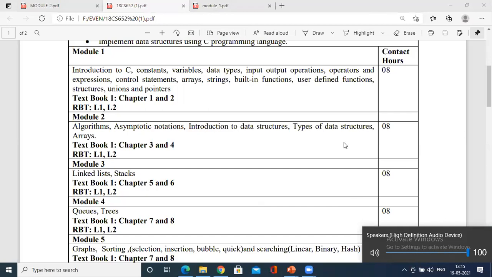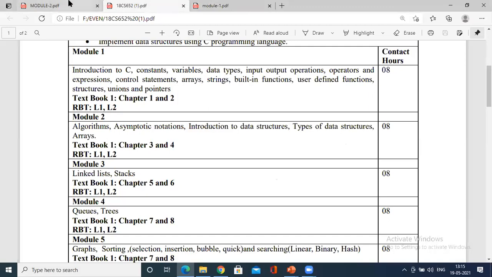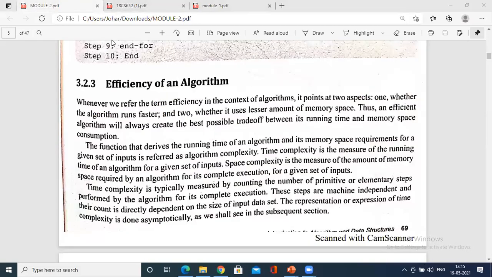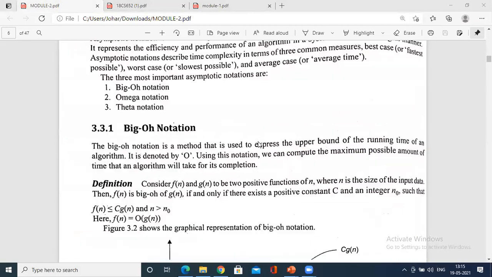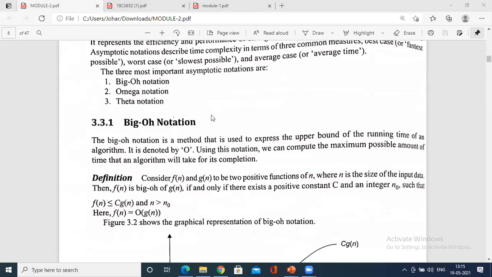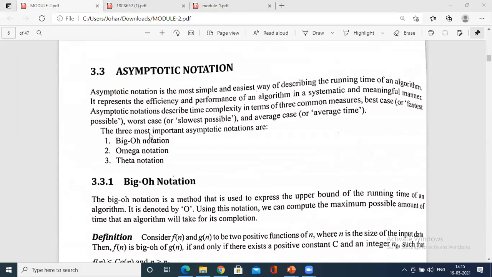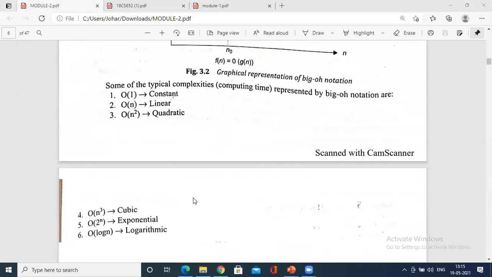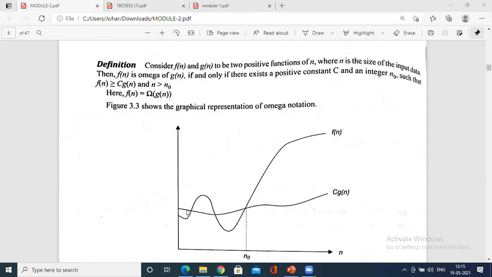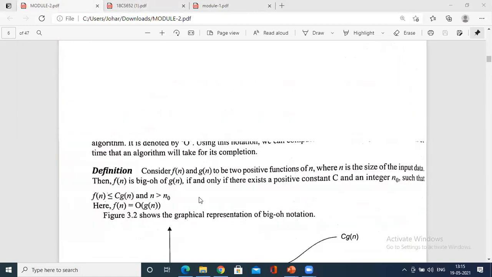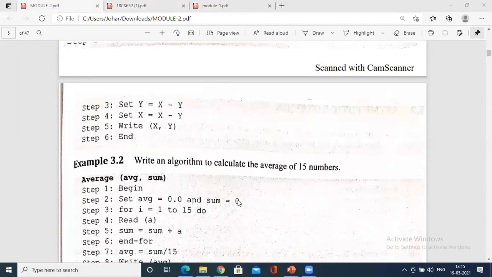Before that, go through a few of the module 1 questions that I have forwarded, and module 2 questions I will give by the end of this week, right? Which are the important topics? This will be 100% asymptotic notation. I will definitely ask one question: explain asymptotic notation. I may ask you a problem from this topic also.